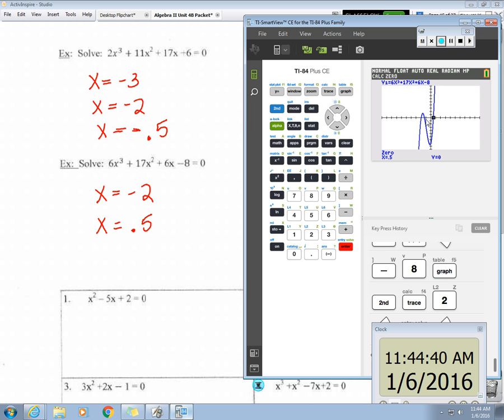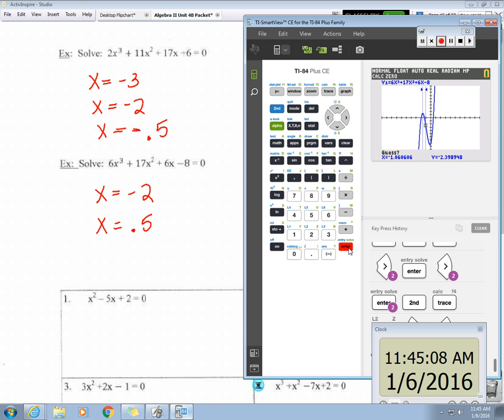So now we only have one other one to find. Okay, we got to find this one right here. So I have to hit second trace, 0. I have to move my cursor till I'm on the left side of the location I'm trying to find. Hold on, I went too far. About there would be fine because I'm definitely to the left of it. Now I have to move to the right side of it.